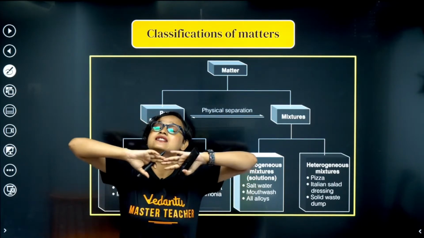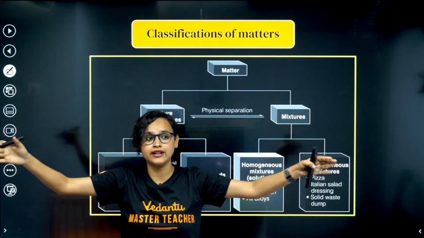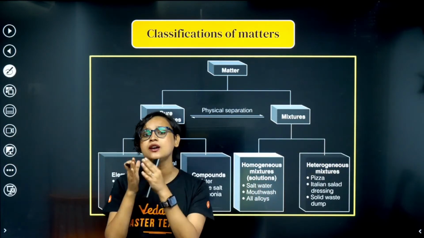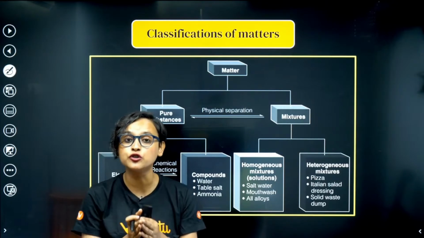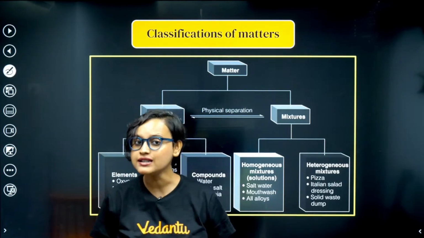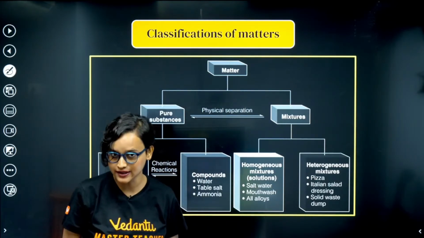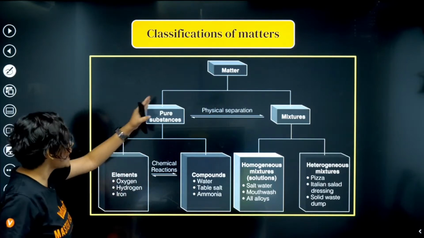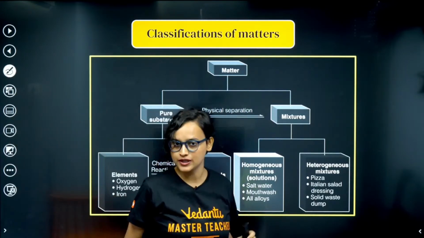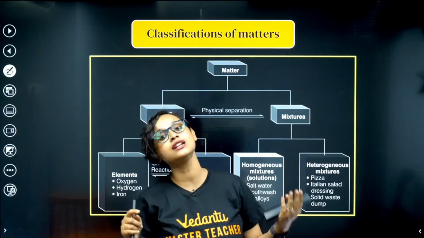So if there are such endless number of matter, obviously grouping them into different groups will make it easier for us to read about the properties. And hence, matter is divided into two groups. One is pure substance and the other one is mixture.